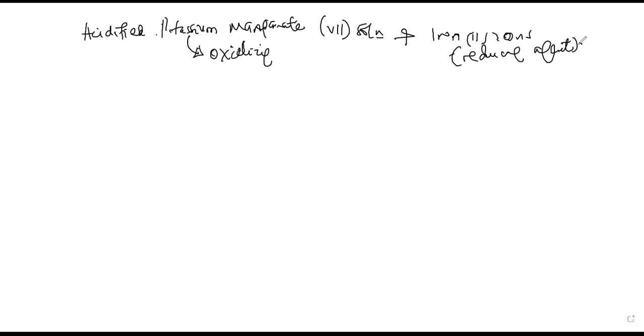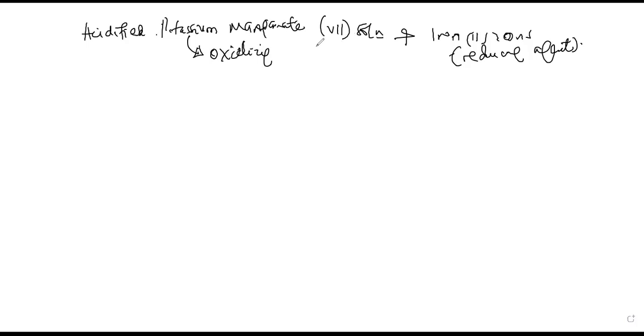For theory questions, you need to know that when we say acidified potassium manganate 7 solution, someone may say acidified potassium permanganate solution; it can be manganate 7 or permanganate. We shall see during the titrations.